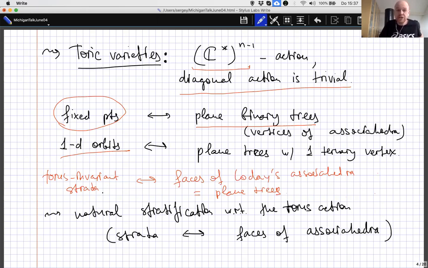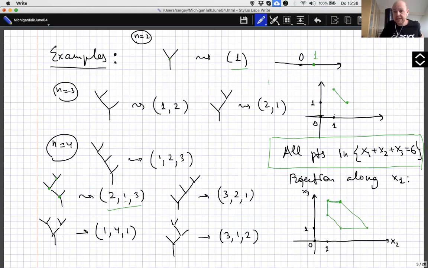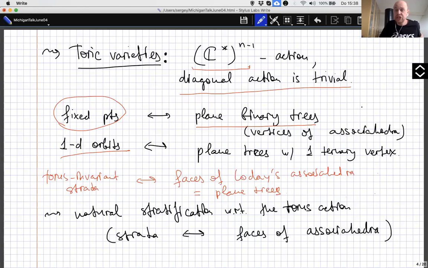So I get actually not just a variety, but a natural stratification of this variety where all strata are torus invariant, and so they correspond to faces of the associahedron. And what is so nice about this presentation of the Loday associahedron is that each stratum is in some sense in correspondence with the product of the standard Loday associahedra, I mean, the same integral representations.